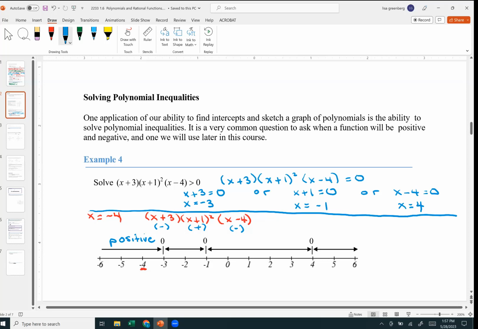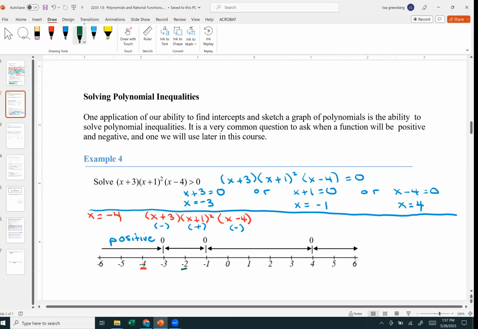Okay? Let's do the same thing here for -2. So when x equals -2, we have x plus 3, x plus 1 squared, and x minus 4. So -2, well, this is positive. This is always positive, and this is negative. So that makes this negative.